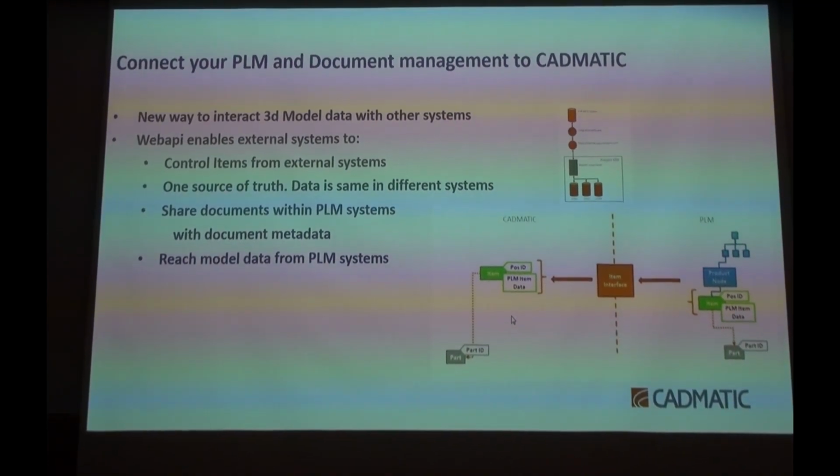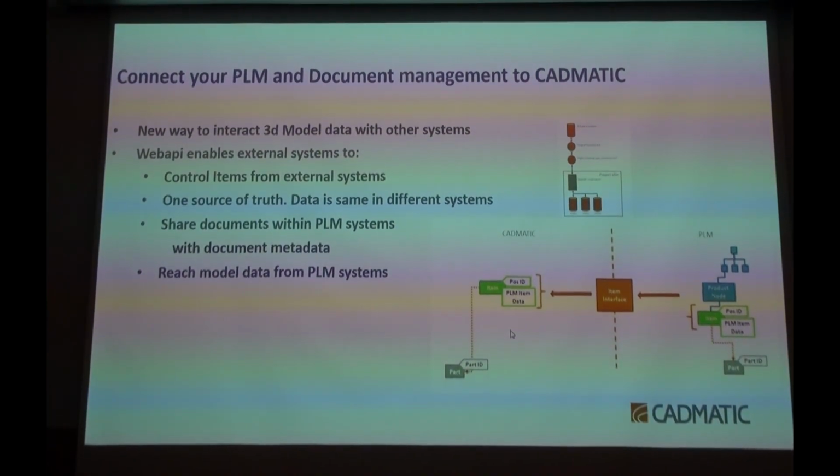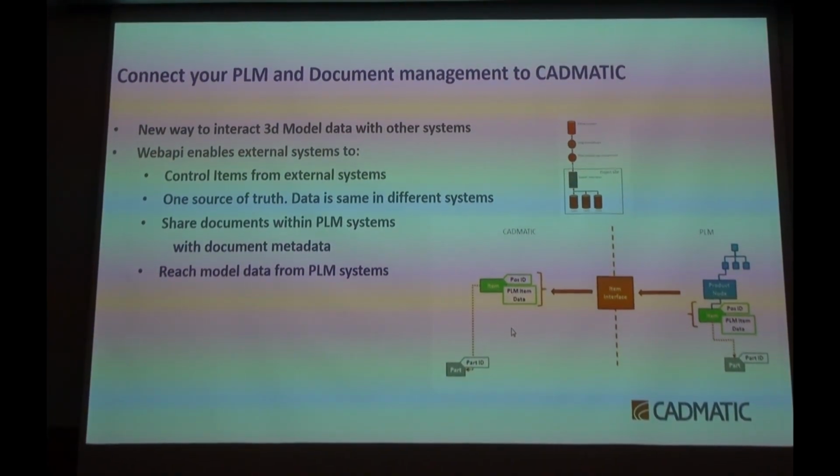As you know, nowadays at a shipyard you have really different kinds of solutions: PLM, project management, document management, equipment management, all different kinds of tools, and they all hold the same information in many places. Now we don't want the CAD solution to store its own data and have separate duplicate data.